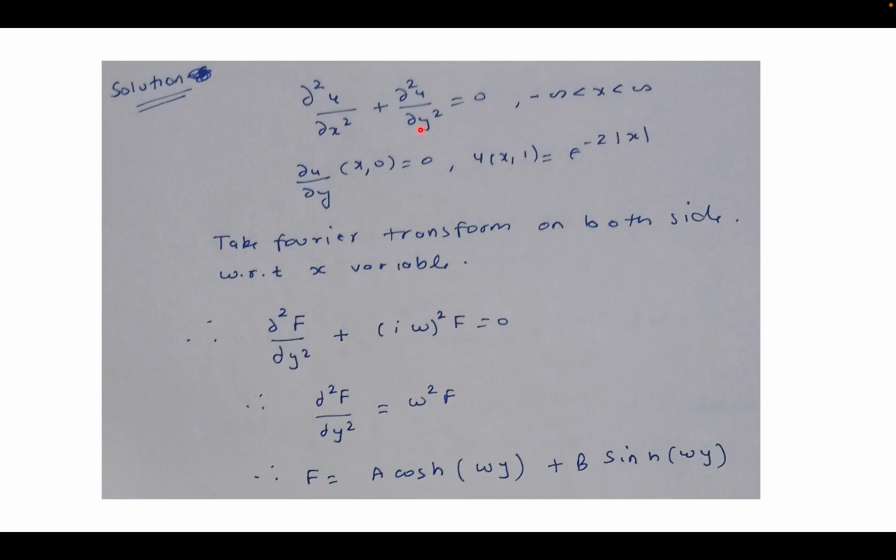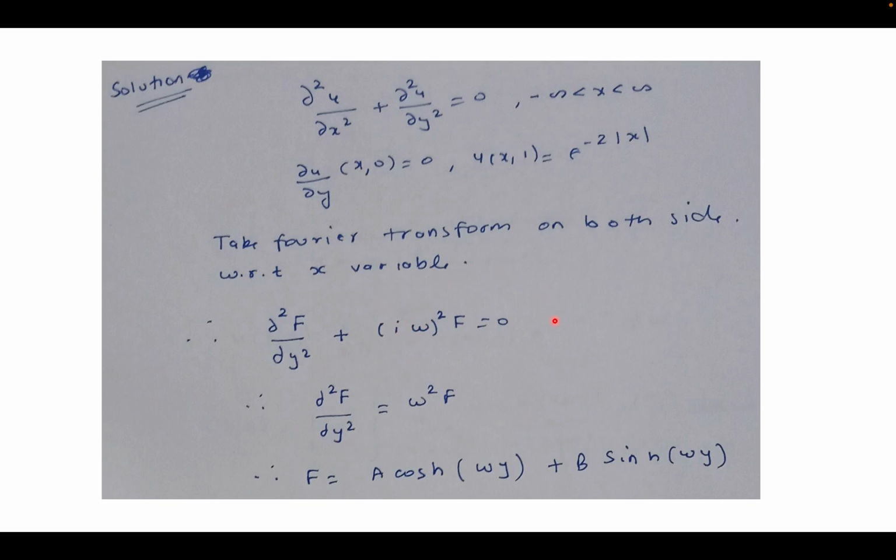Okay, so basically from here I have written del square f by del y square, and for this I have used the derivative property, so I can write it as (iota omega) square times f is equal to 0, right? So this is your differential equation in terms of f, right? So now you can write it as del square f by del y square is equal to omega square f, where you can take this term on the right hand side.